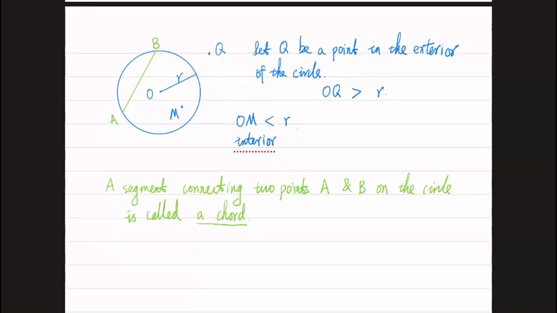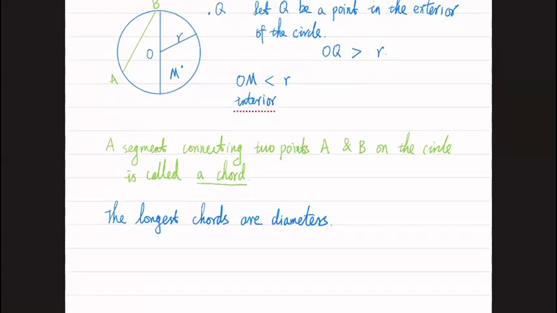It's called the diameter. And the diameter is twice the radius.